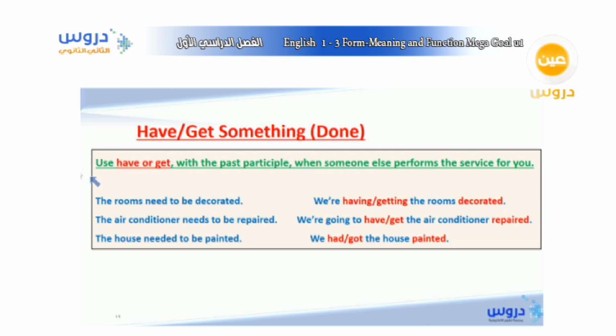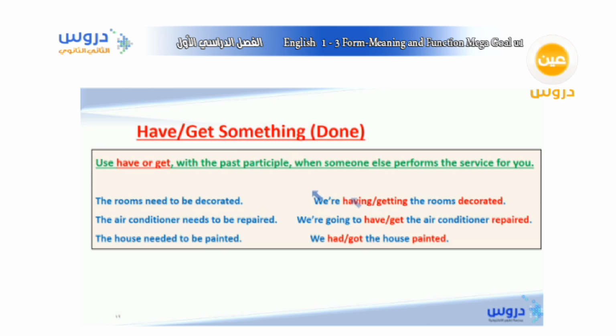Use have or get with the past participle when someone else performs the service for you. So, when we want someone to do the service for us, we use what? Have or get. The rooms need to be decorated.